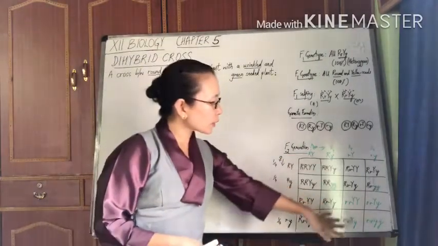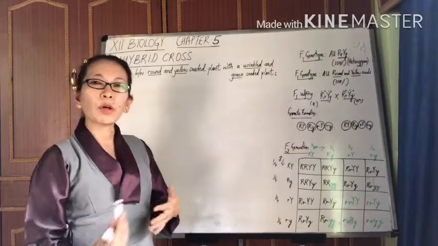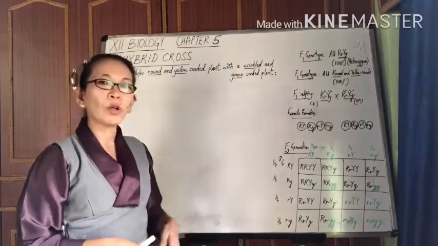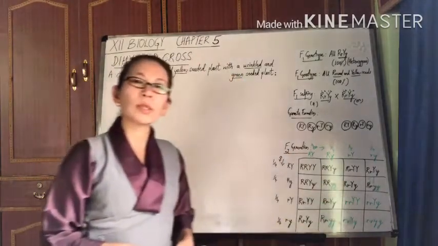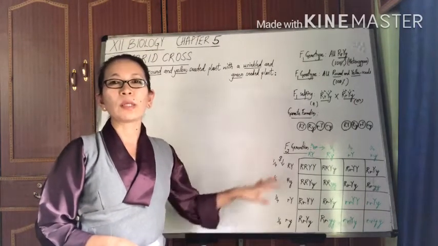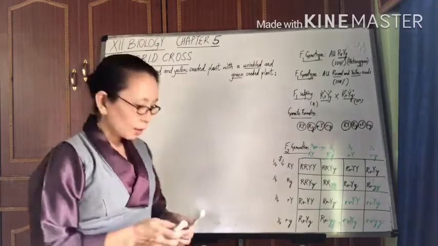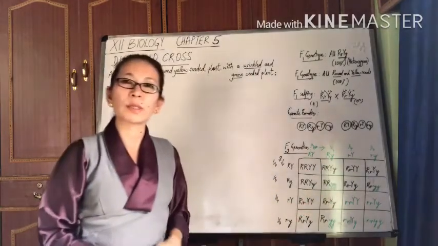Now, let's try to study the genotypes and the possible phenotypes of the F2. So what Mendel observed was, out of these 16 combinations, he found 4 different phenotypes in his F2 generation. And the 4 different phenotypes can be easily predicted from the genotypes.